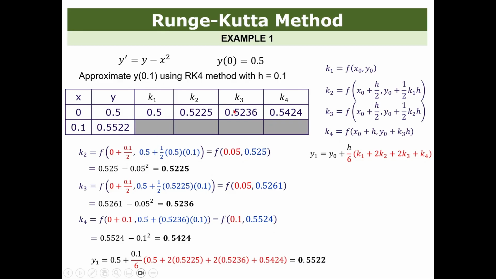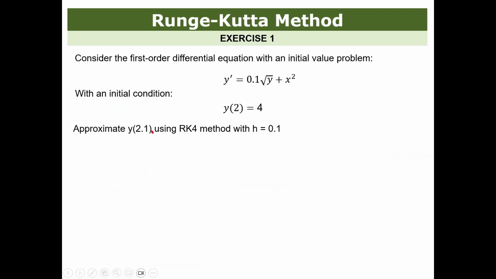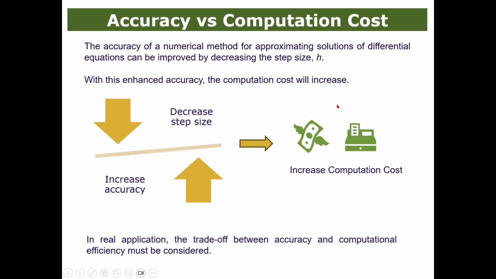All right, that is how to use the formulas to approximate the value of y at 0.1. Okay, this is another exercise for you to do. Please do it on your own.